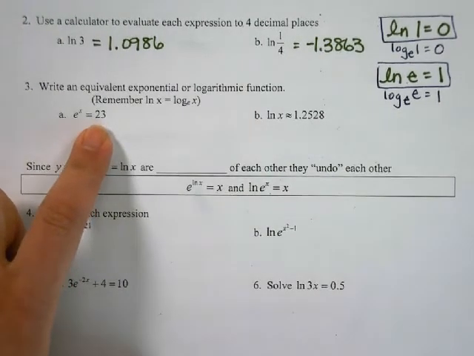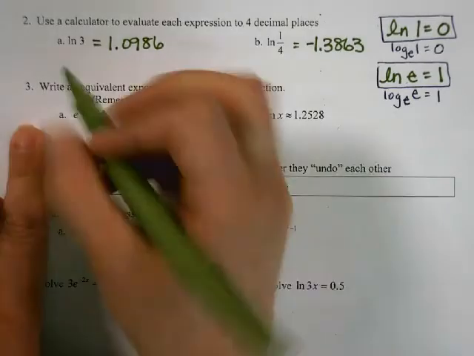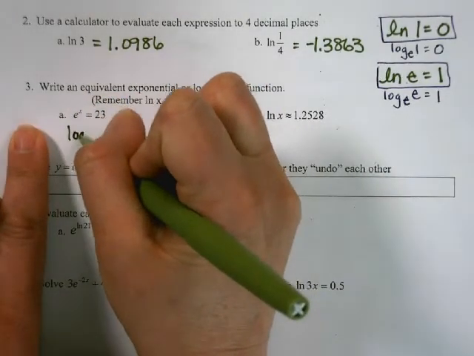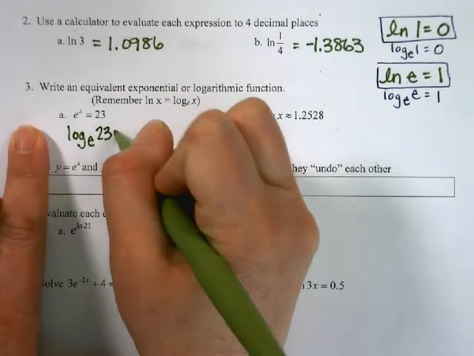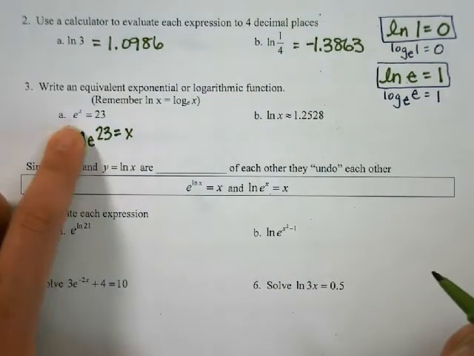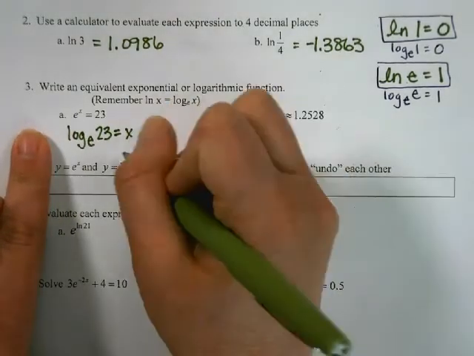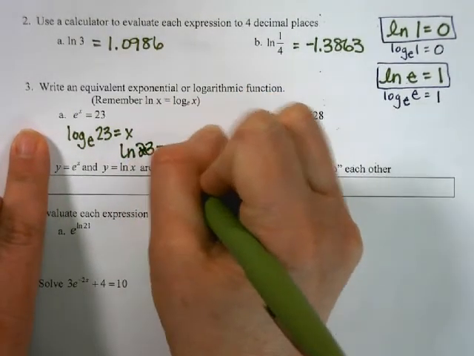This is exponential form, right? How can I rewrite that in logarithmic form? Okay, well that means it would be log base e of 23 equals x. But instead of writing it log base e, it's natural log of 23 equals x.